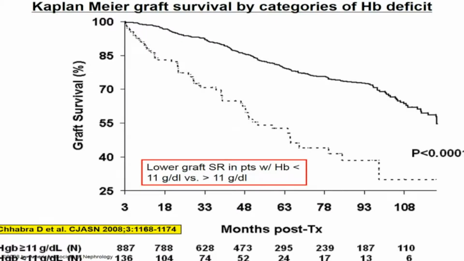In a study by Chhabra et al. in CJASN in 2008, Kaplan-Meier graft survival by categories of hemoglobin showed lower graft survival in patients with hemoglobin less than 11 grams per dL compared to those with greater than 11 grams per dL.